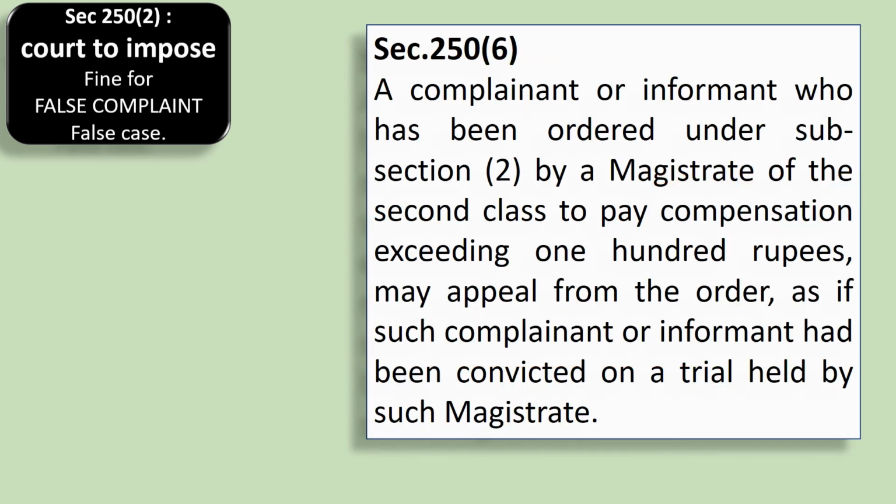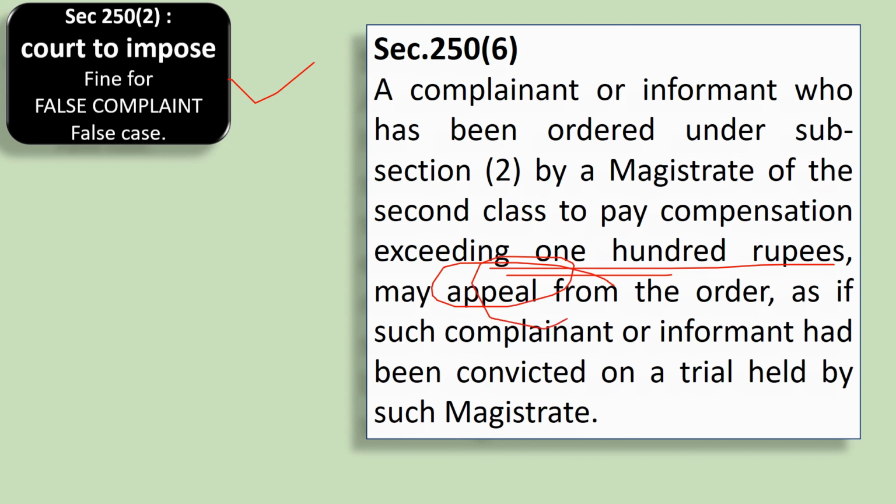Subsection 6 of 250 informs that any compensation which was asked in subsection 2, yes, over here the compensation was imposed, such orders which are more than 100 rupees can be appealed, means they are appealable orders.